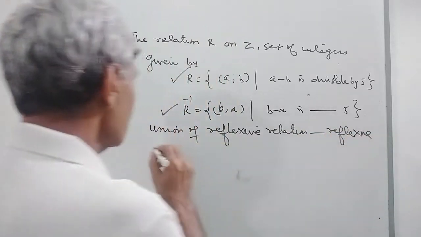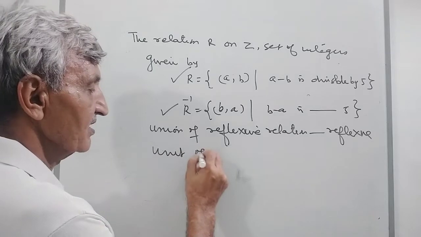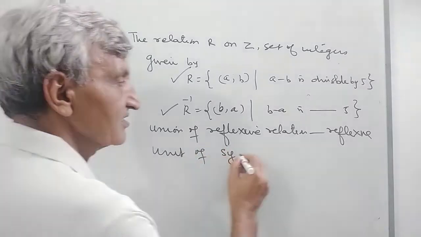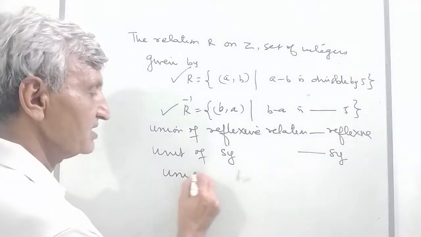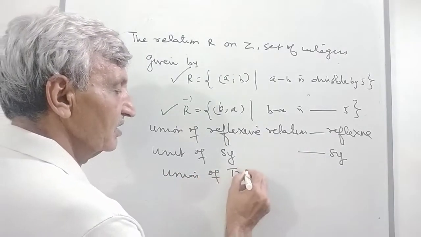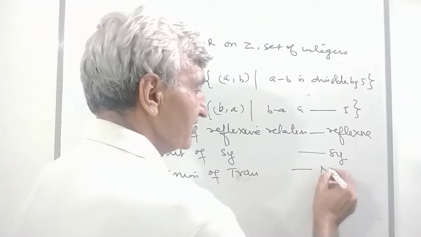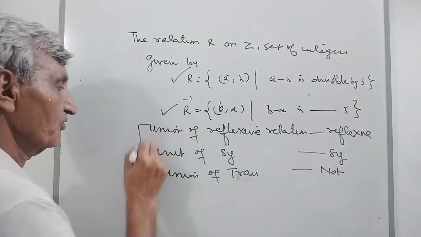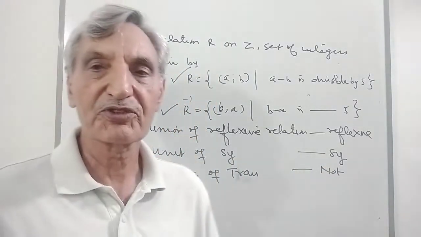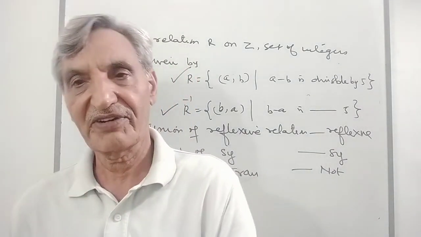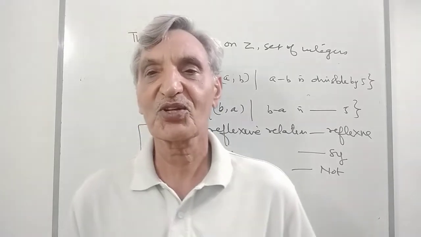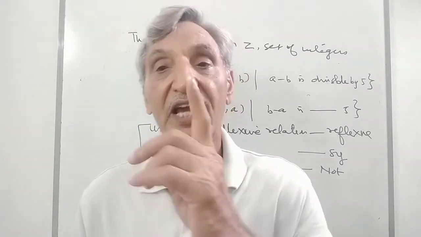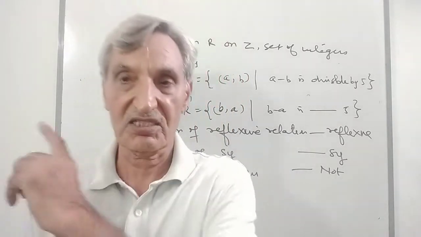Okay, same in case of union of symmetric is symmetric, but union of transitive is not transitive. Union of two reflexive is reflexive, union of two symmetric is symmetric and union of two transitive is not transitive.